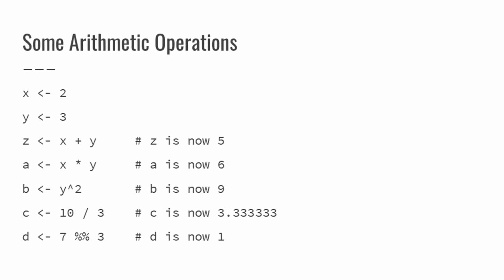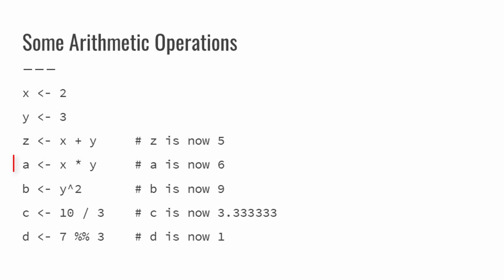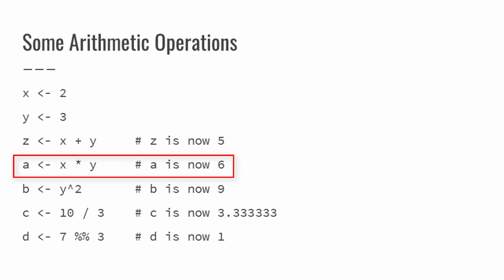In the first statement, we are assigning x the value of 2 and y the value of 3. And then in the third statement, we have initialized another variable z, which is equal to x plus y. So 2 plus 3 is equal to 5, and that would be the value of z. In the next statement, we have initialized another variable a, which is equal to x multiplied by y, and so would be equal to 6.